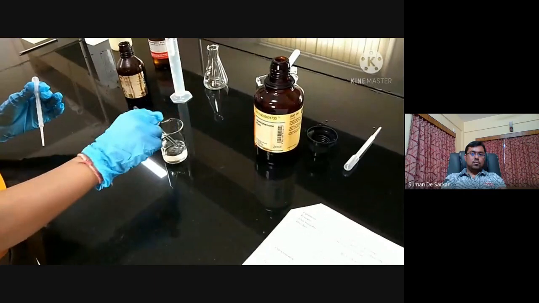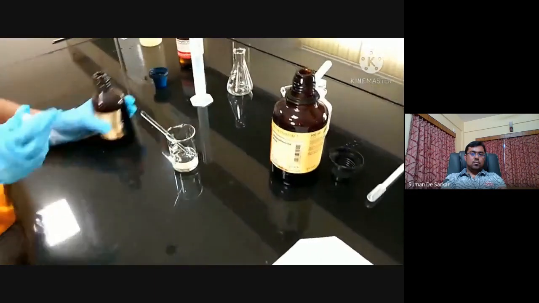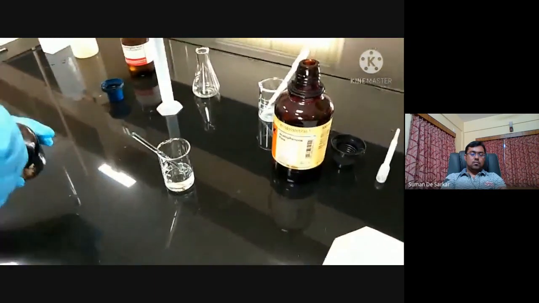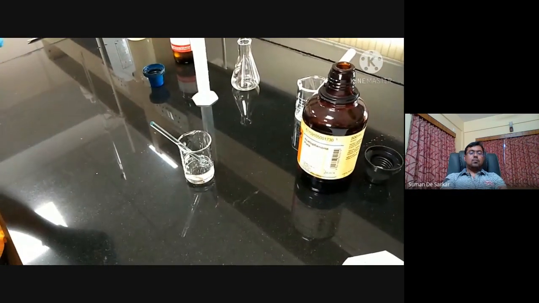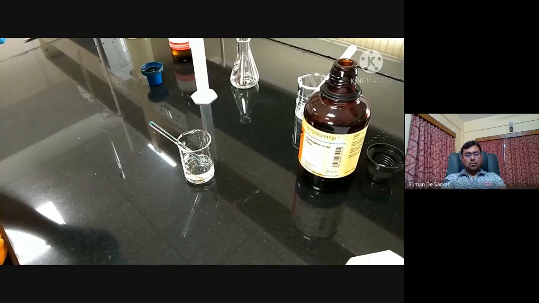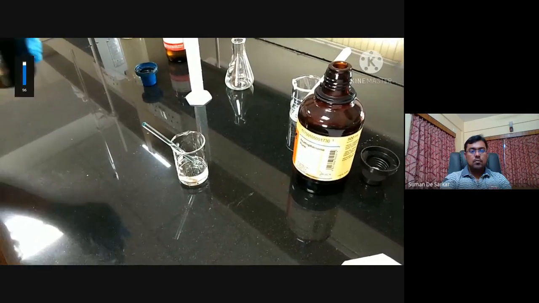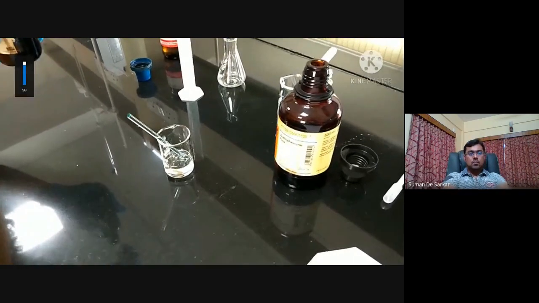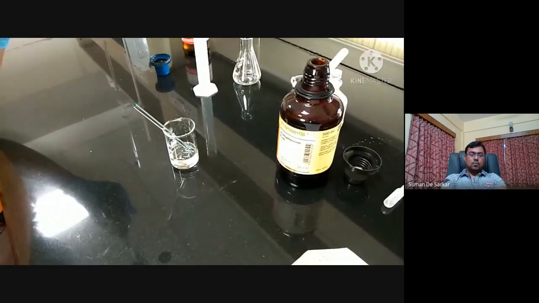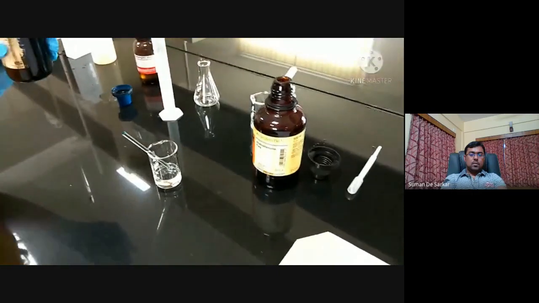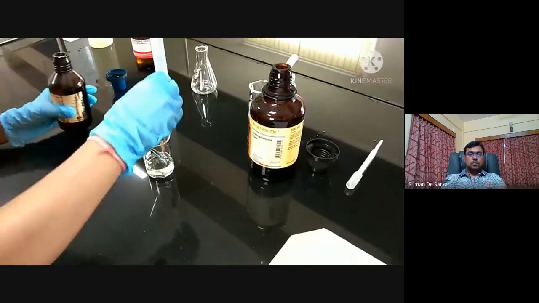Now the homogeneous mixture. So the second reactant is coming in, the phenyl hydrazine. The density is almost 1.1. We need 0.9 grams, which is around 0.8 milliliter of phenyl hydrazine. Adding it to the solution of acetophenone.